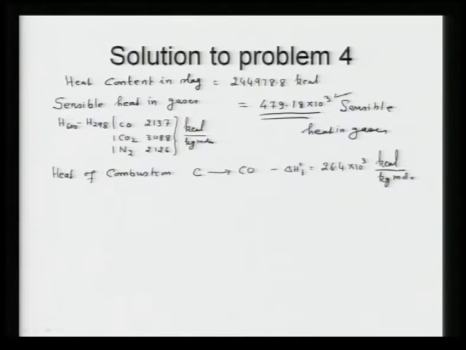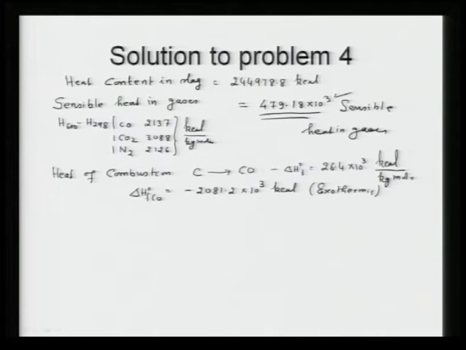So, it is straightforward, we can calculate now delta H naught F CO, that will be minus 2081.2 into 10 to the power 3 kilocalorie, and mind you this is the exothermic reaction. Now, it is straightforward, you have to multiply by the kg mole of carbon, nothing very great here.